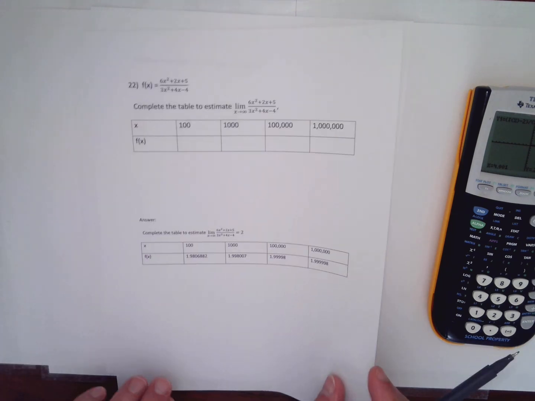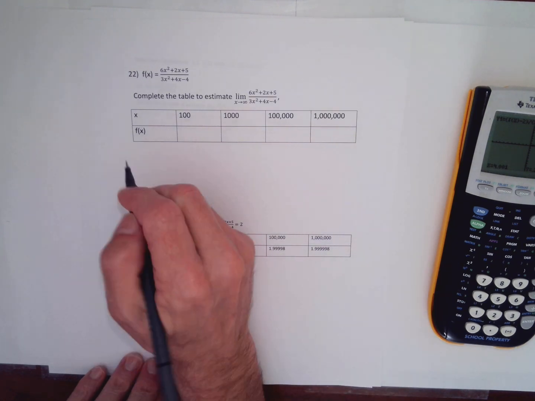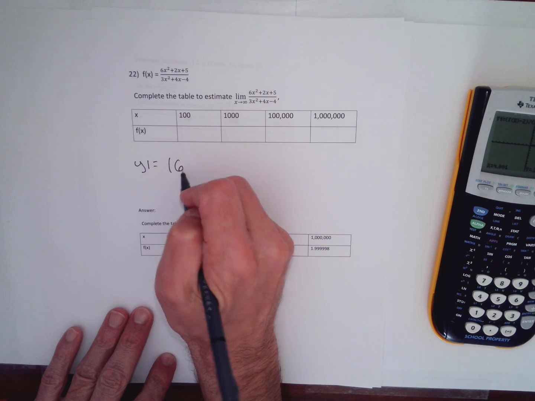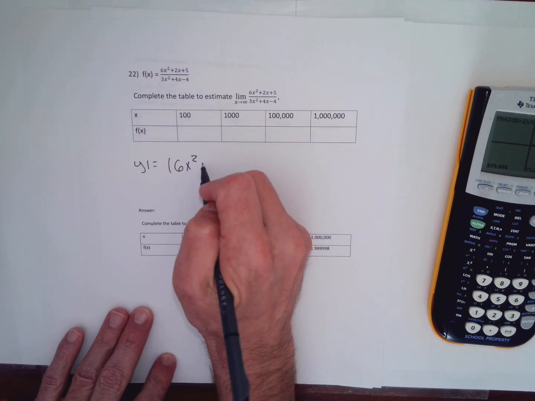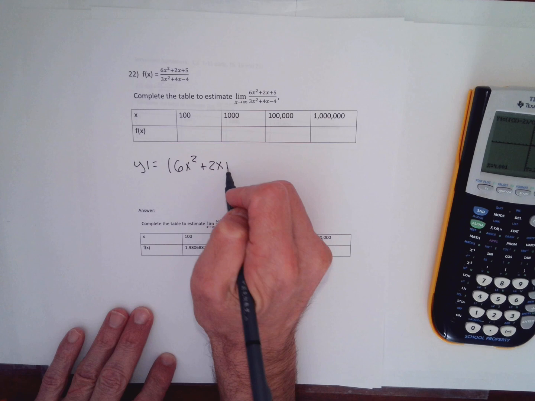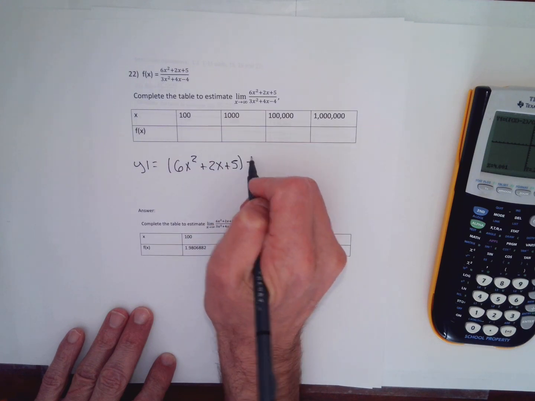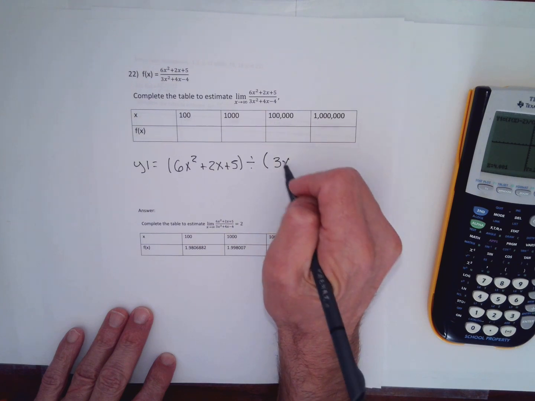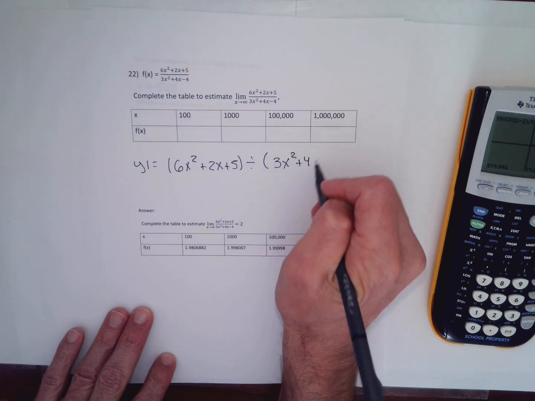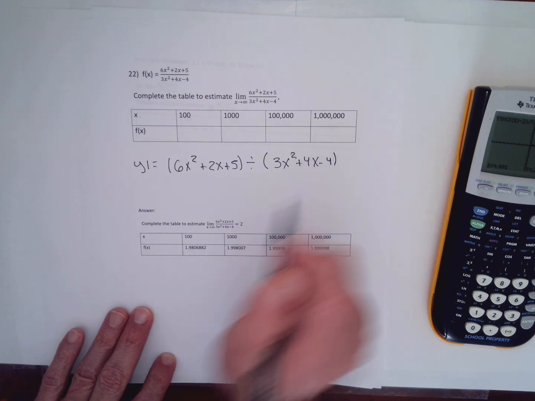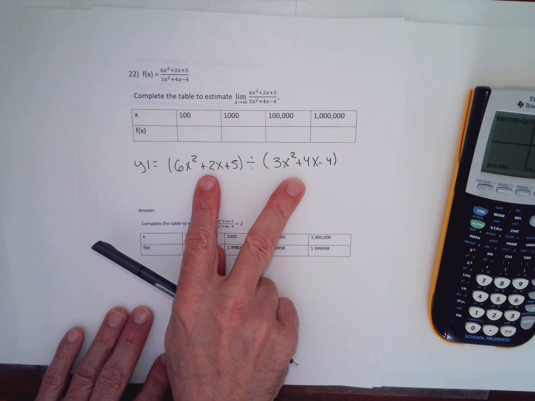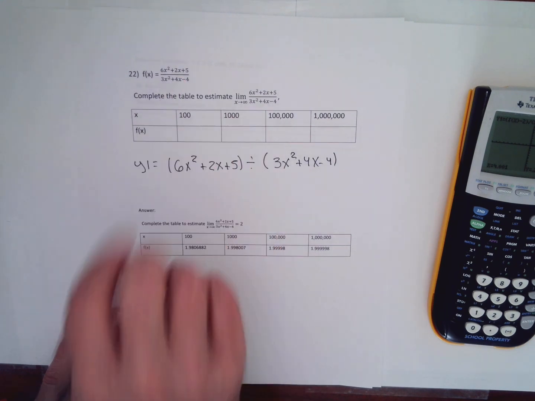So when I go to do my problem 22, in my y1, I'm going to enter 6x squared plus 2x plus 5 divided by, and then 3x squared plus 4x minus 4. I need the entire numerator and denominator in a parentheses. If you have a newer calculator than mine, you can probably enter this as a fraction and make it look like that and not need the parentheses.